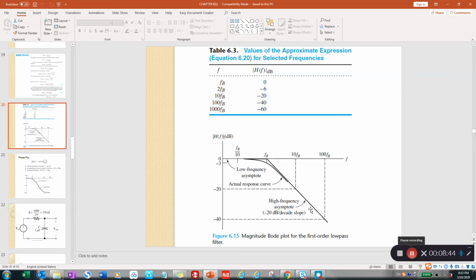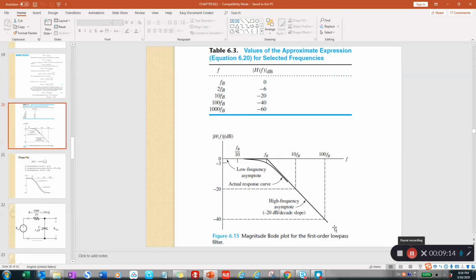Then we can draw a line, and this line will indicate the trend. If you continue to 1000 times FB, it will be equal to -60. So we can use two segments of straight line to represent the Bode plot.